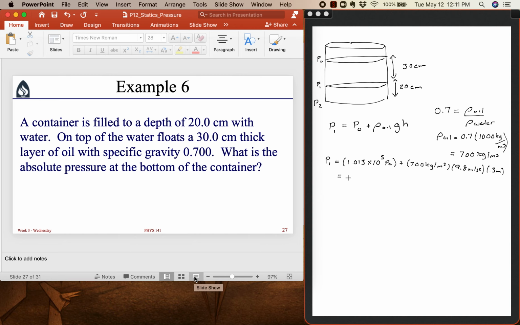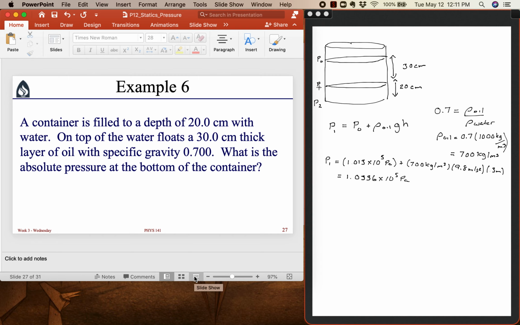So that's going to give us a pressure at the bottom of the oil that's equal to 1.0336 times 10 to the 5th pascals.